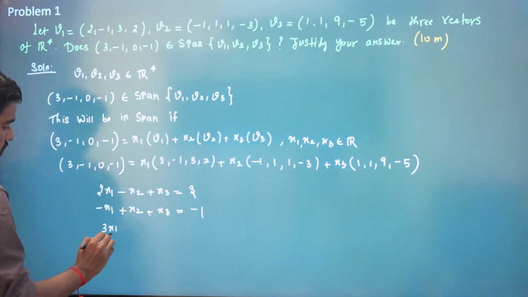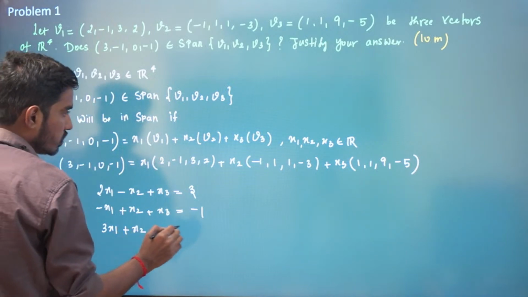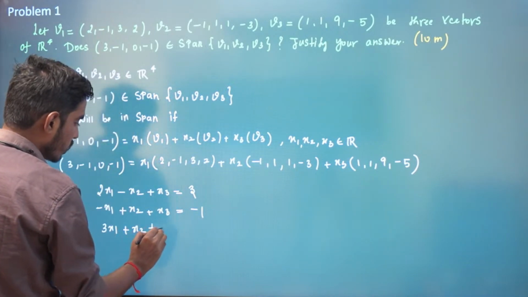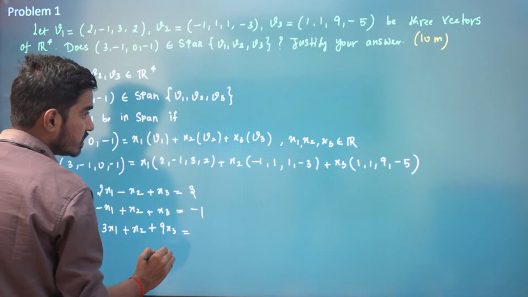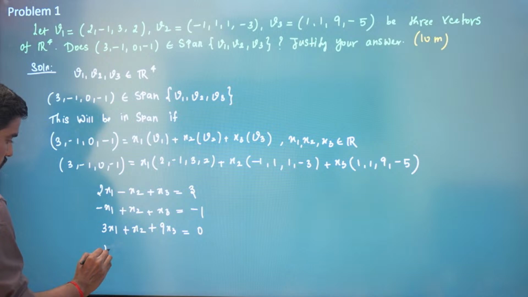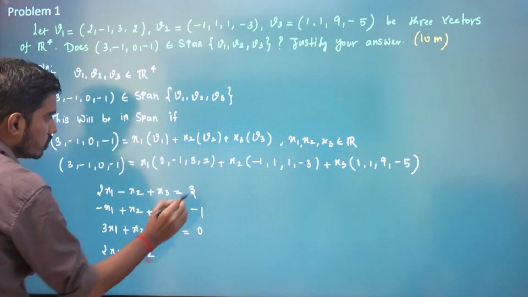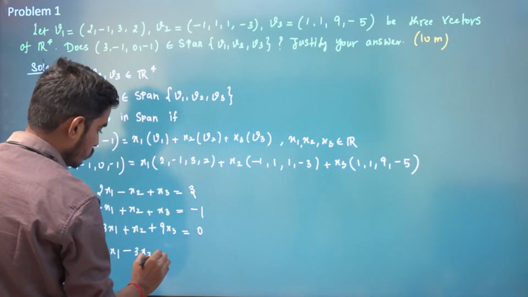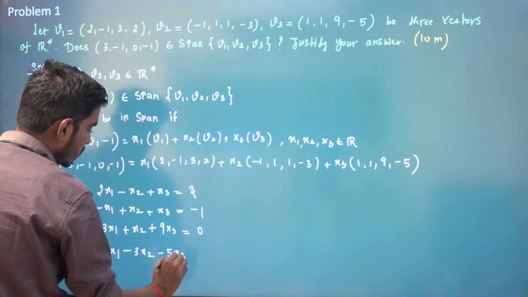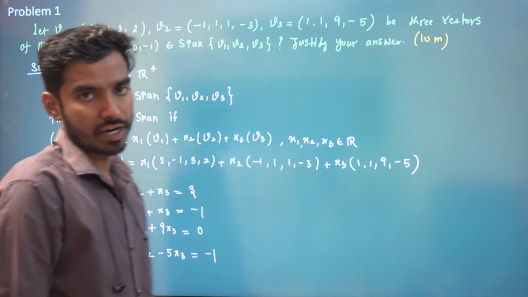Then 3x1 plus x2 plus 9x3 is equal to 0. And then 2x1 minus 3x2 minus 5x3 is equal to minus 1. This is what we have here if you multiply and equate.